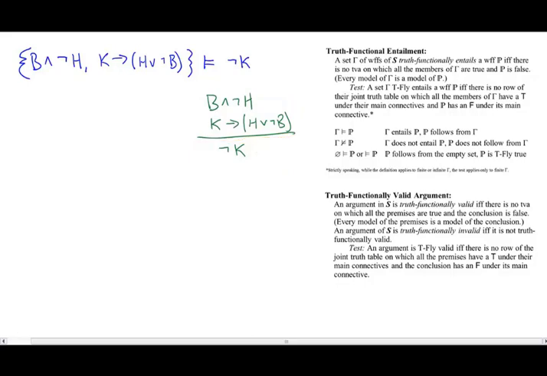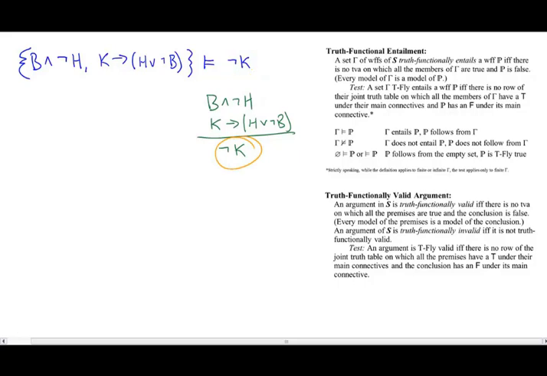Well, what we're going to do is construct a joint truth table involving all 3 of the formulas involved, and then in each case look to determine whether we have a situation where the members of the set or the premises are all true, but the target or conclusion comes up false.